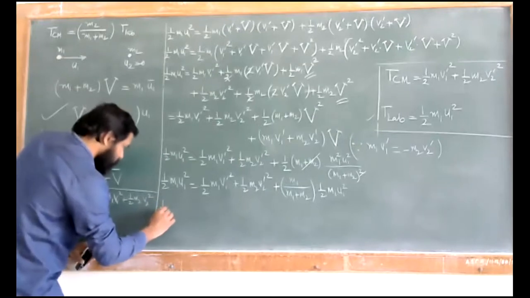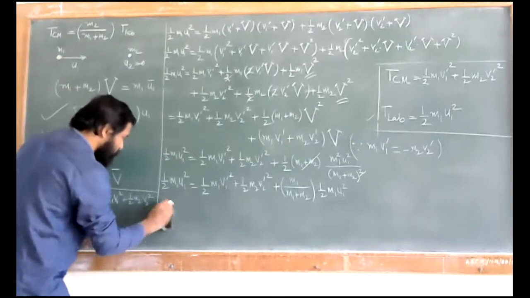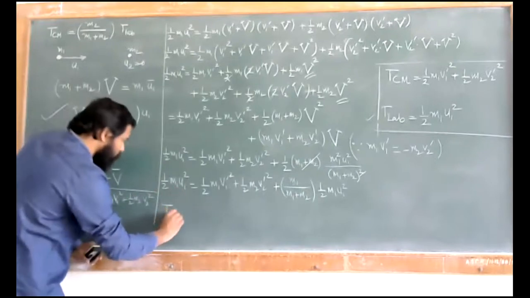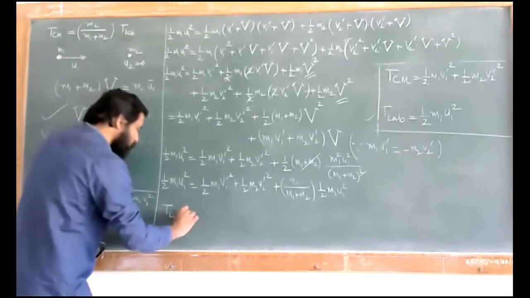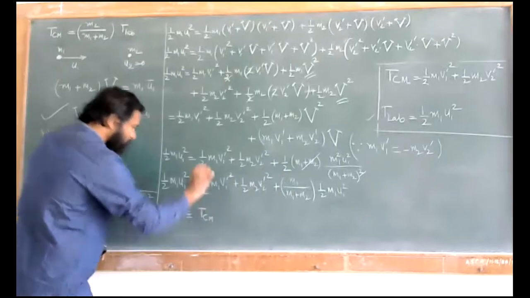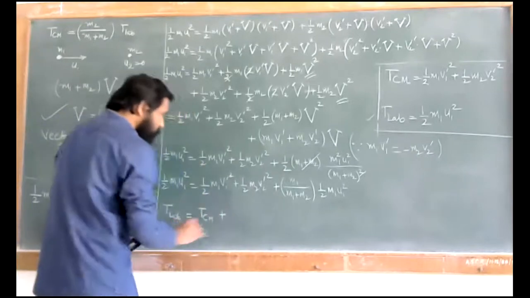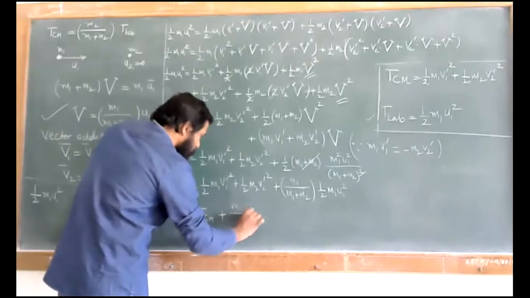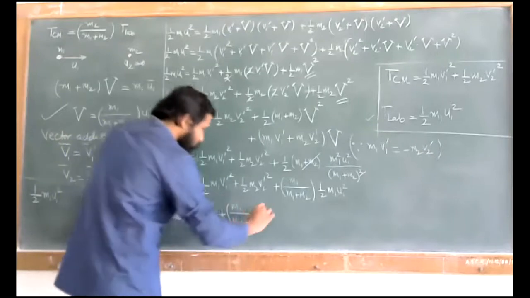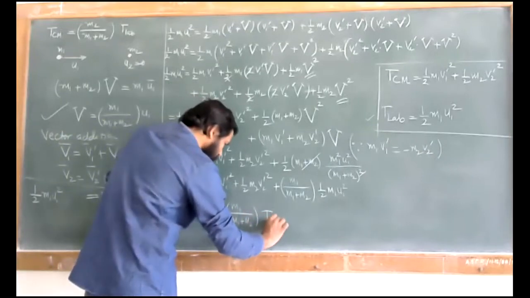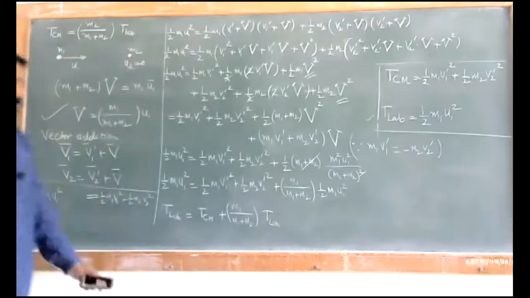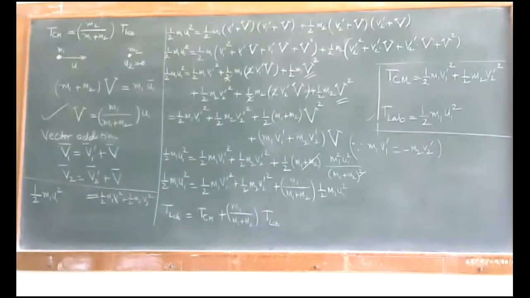So this 1/2 m1 u1 square is nothing but T in terms of the laboratory frame, which is equal to T in terms of your center of mass frame plus m1 upon m1 plus m2 into T in the laboratory frame. So we have this point.